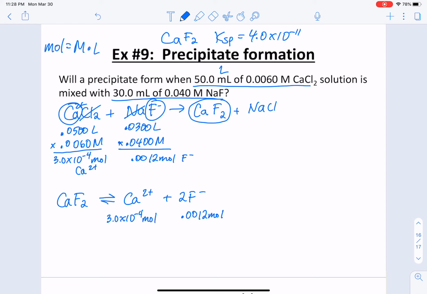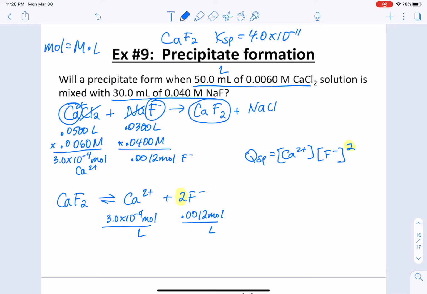And what we need to do is to plug into a QSP expression where QSP is going to be equal to the molarity of calcium ions in this new mixture times the molarity of fluoride ions squared. Again, reminder, it's a 2 here, so we're going to square that. And we are almost to molarity. So what we have to do first to find molarity is to divide by the number of liters.